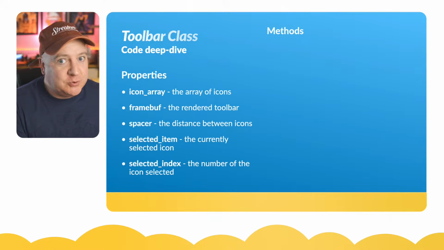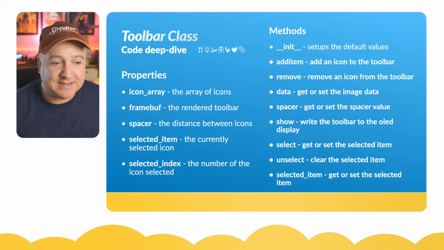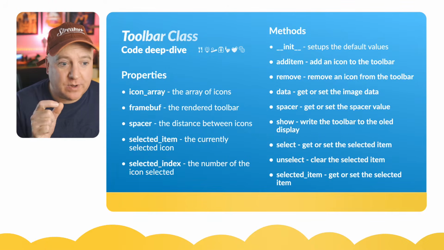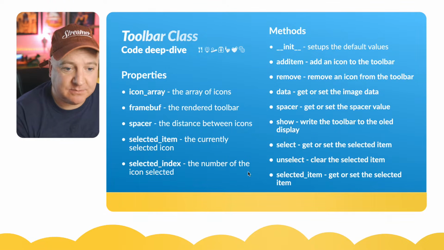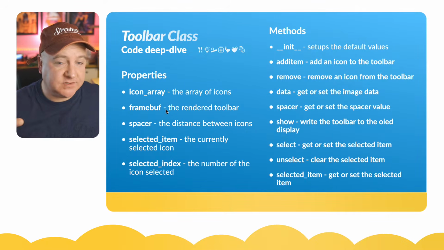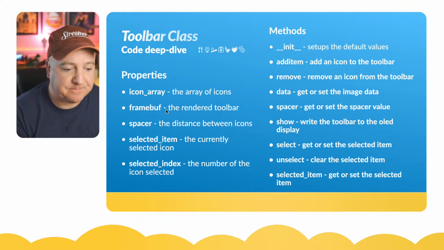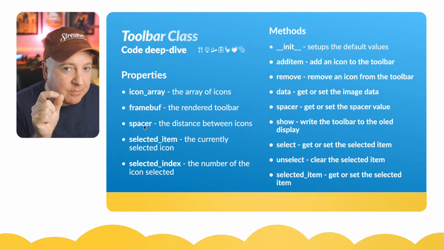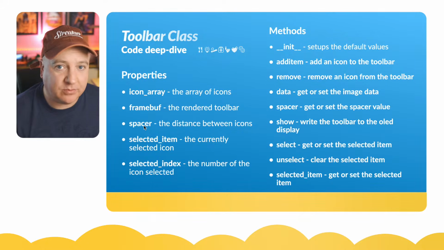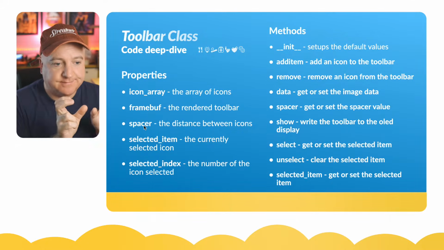And then we've got the toolbar class. So the toolbar has an array of icons, so we can add to them using the add item or remove item. We have the frame buffer for the toolbar itself, so we can write that entire toolbar into the display memory. Then we have the spacer, which is that little gap between the pixels. It's just a variable that we can store how many spaces between it.